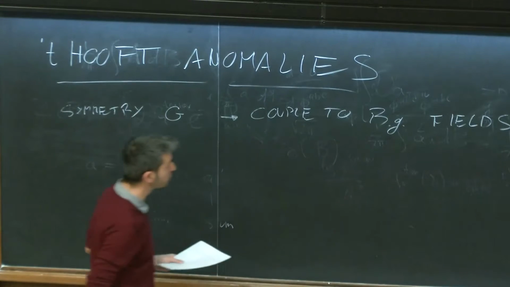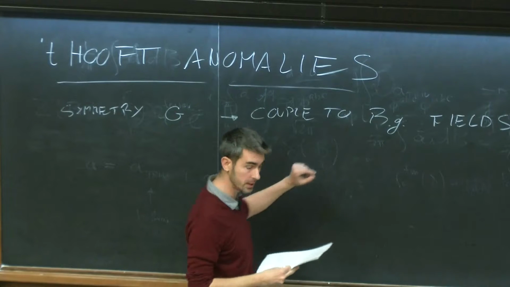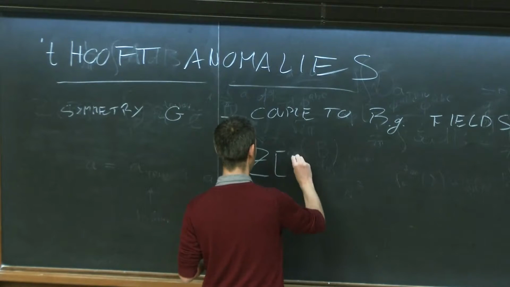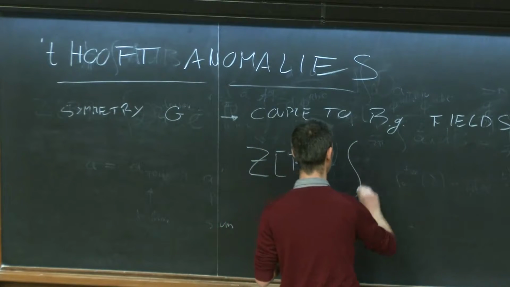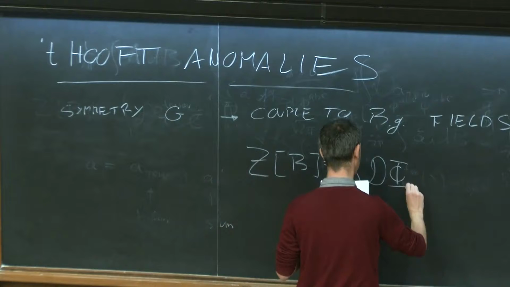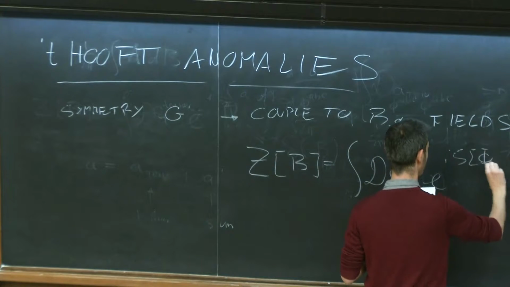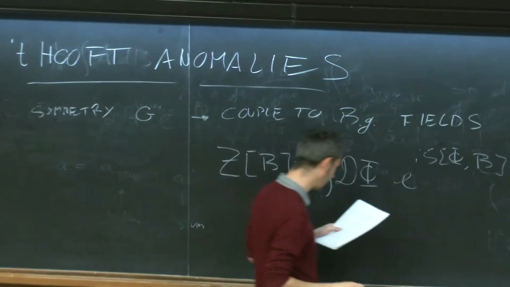And this is extremely useful and extremely powerful in general because it gives us observables in the theory. These observables are precisely the partition functions computed on this background. So here we have the action that depends on the various fields in the theory and the background fields.